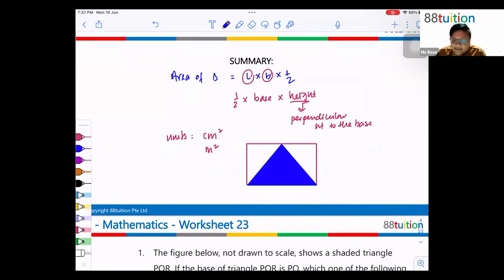Now, what can I say about the area of the blue triangle if I were to compare it with the rectangle? What can you say? What part of the rectangle is the area of the blue triangle? Yes, John? Half of it. Yes, so the area of this triangle is equal to half of the area of the rectangle.